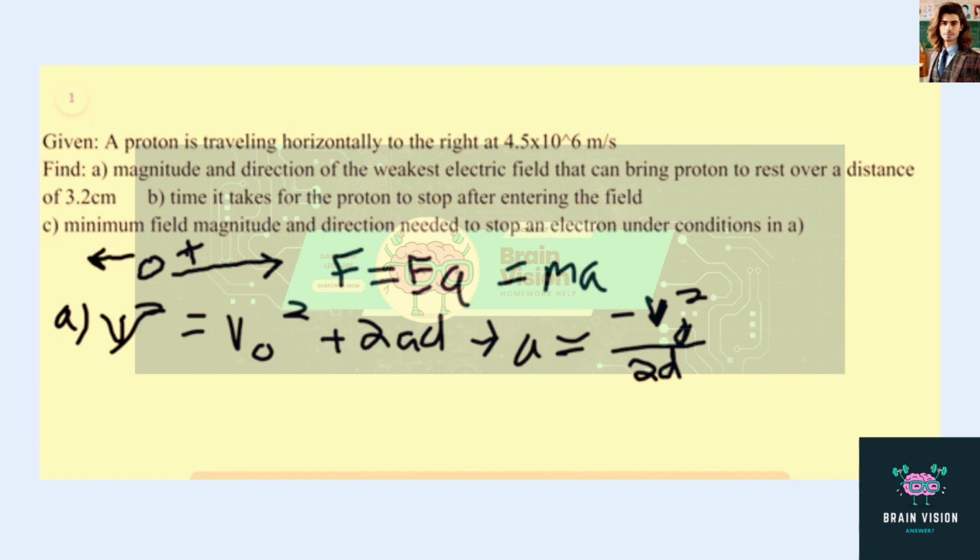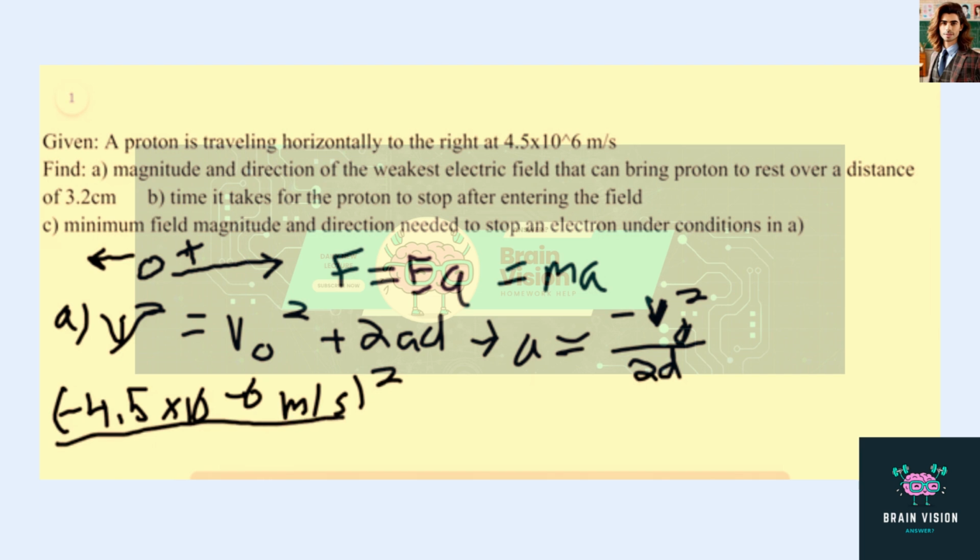So our V naught is 4.5 times 10 to the 6, squared. And we divide that by 2 times our distance here, which is 33.2 centimeters.